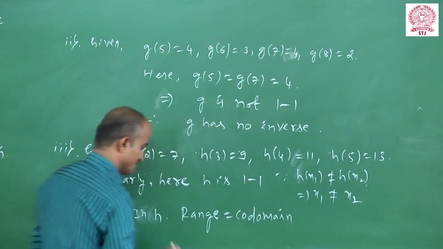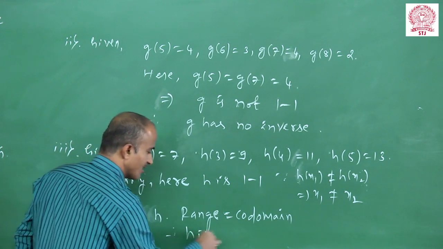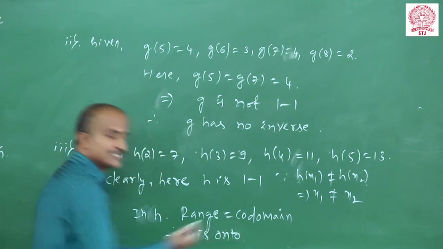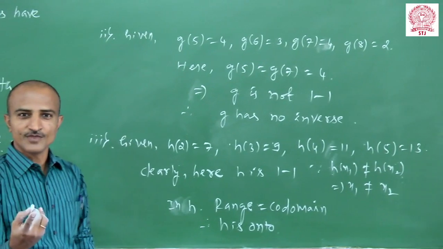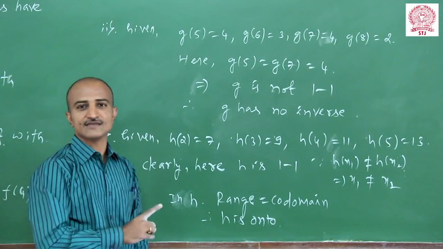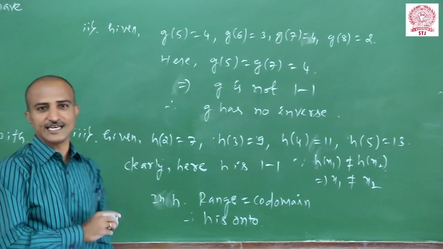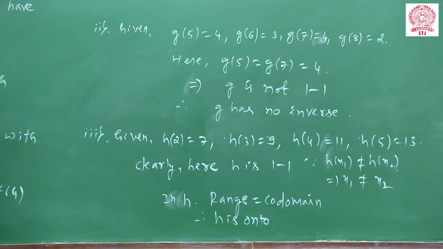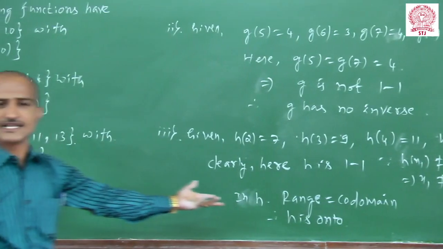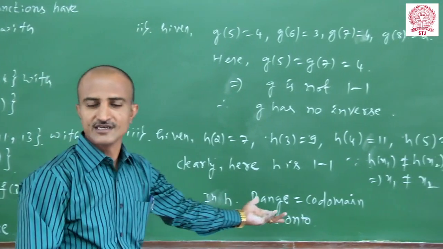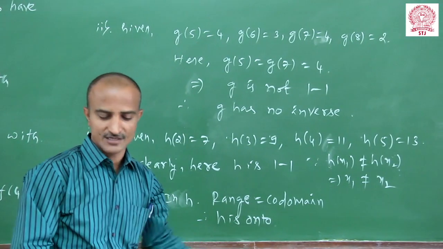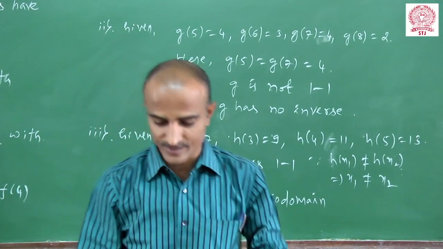Therefore, h is onto. Since h is 1 to 1 and onto, the function is bijective, and therefore its inverse exists. And what they are asking, have inverse or not? Clearly, h has an inverse. Now we will discuss some other problems.